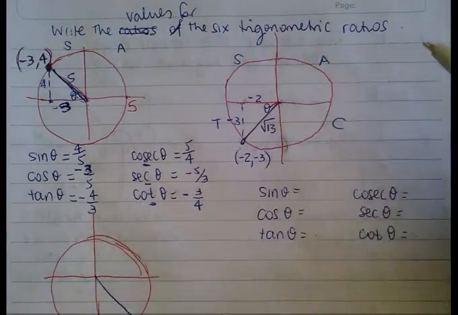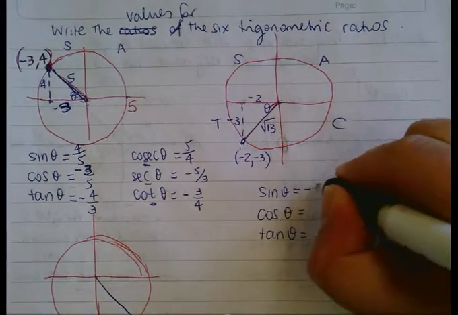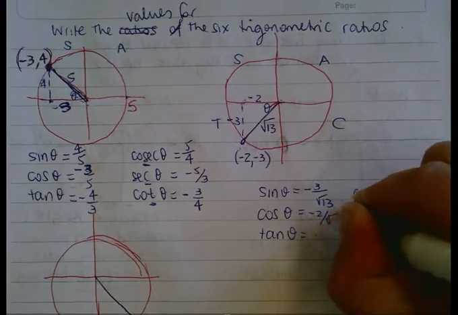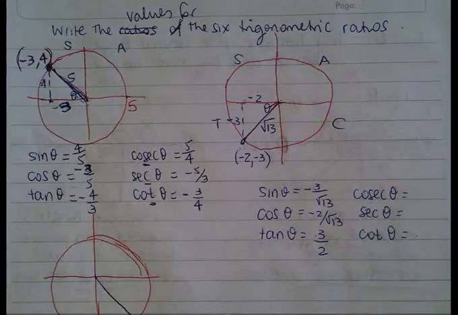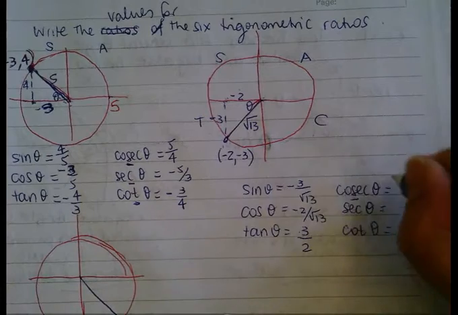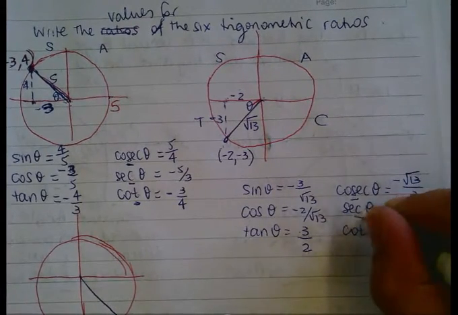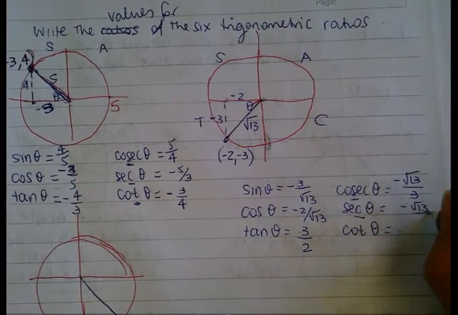All stations to central, only tan is going to be positive. So sine, that would be -3 on root 13. Cos is -2 on root 13. And tan is -3 on -2, which is just 3 on 2. And then cosec is the reciprocal of sine, which is going to be -√13 on 3. Sec is the reciprocal of cos, third letter, -√13 on 2.